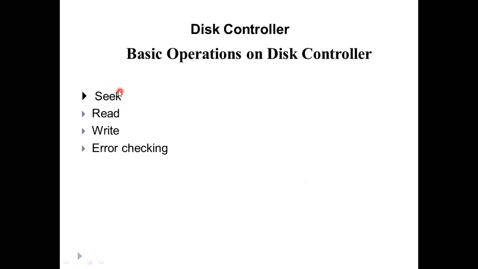So these are the different operations controlled by the disk controller. Read operation, write operation, and at the same time error checking, error detection, and error correction are other operations controlled by the disk controller.